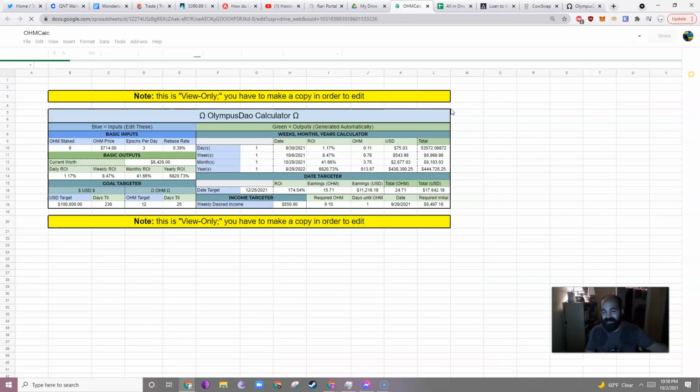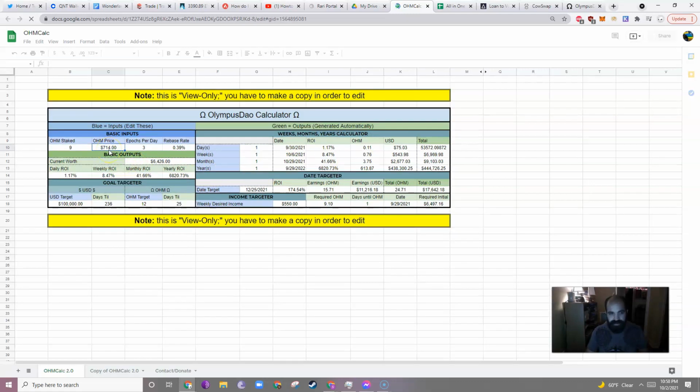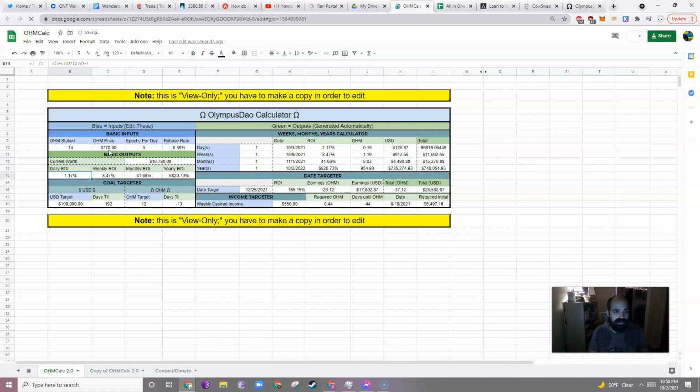So let's say I spent $150 in gas, 770, and I'll have roughly 14 OHM. So days till a USD target, 150. That's just the gas money.